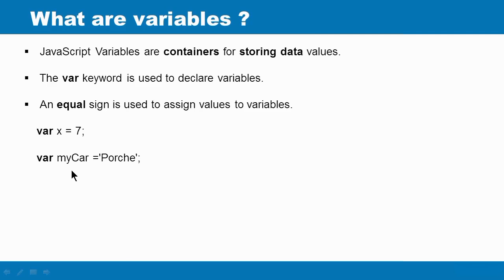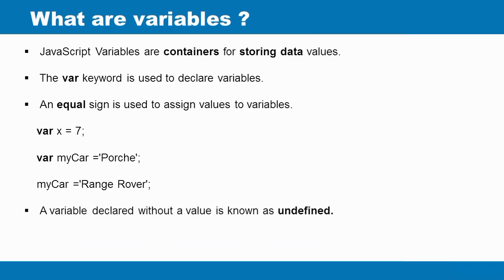If I wanted to change the value from Porsche to a Range Rover, all I need to do is call the variable by name and assign it a different value. So that way I've already changed the value. Once you've declared the variable, you can change the value. A variable that is declared without a value is known as undefined.